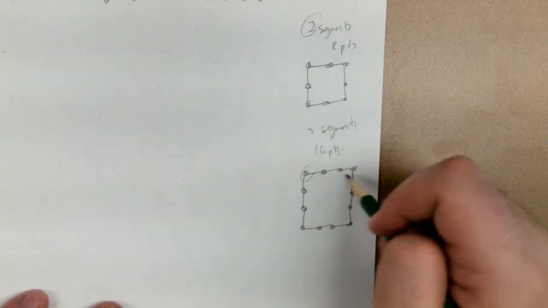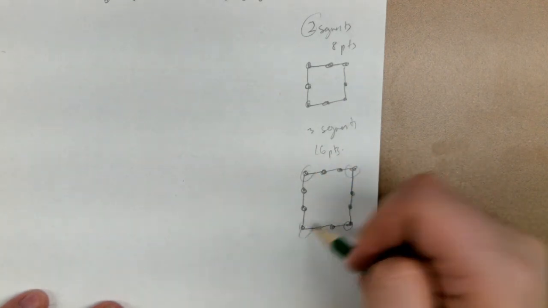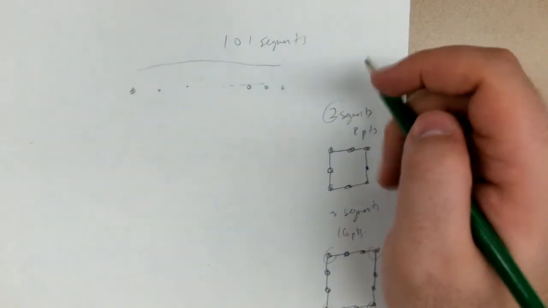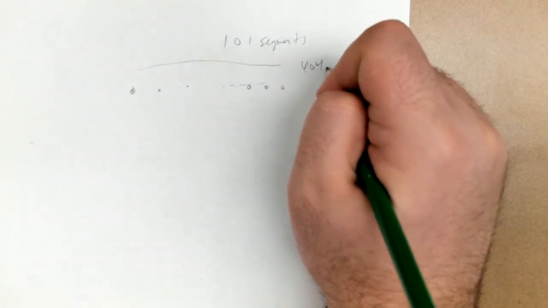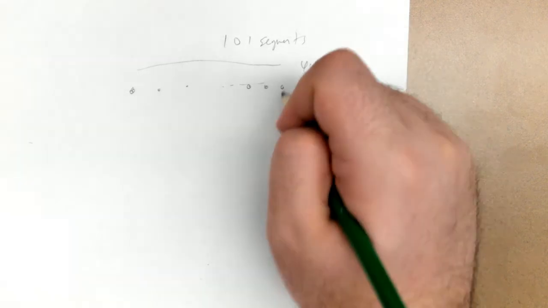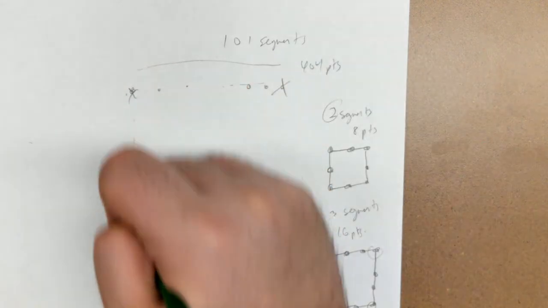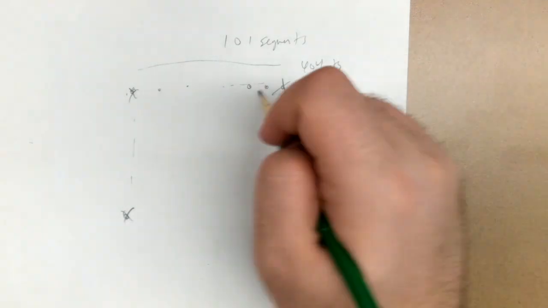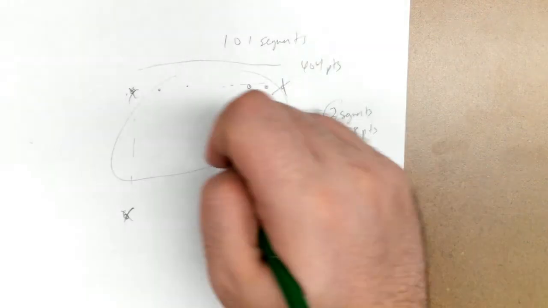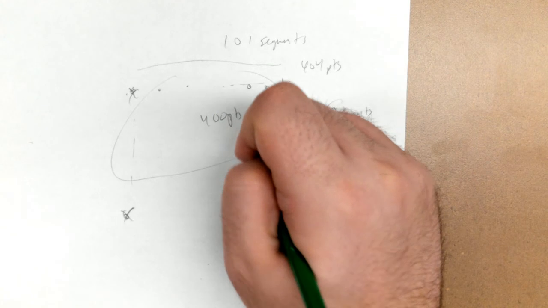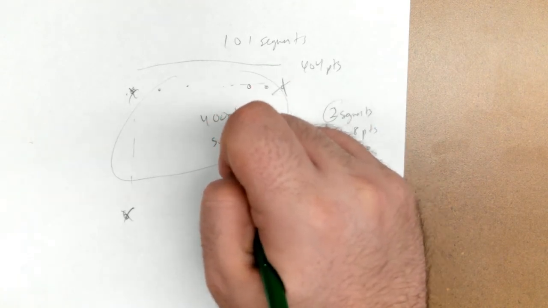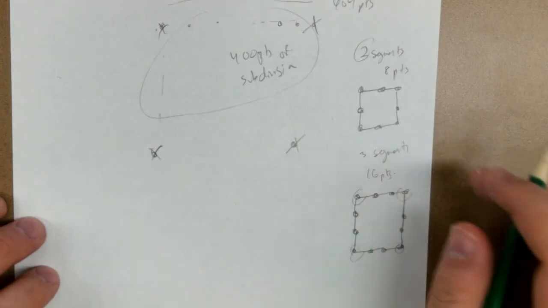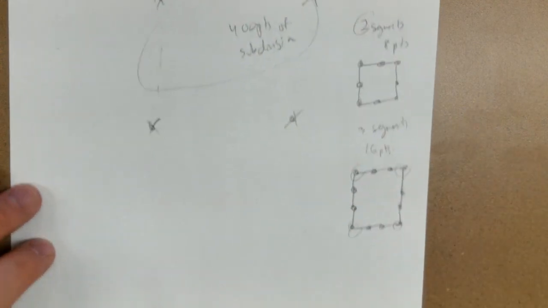The corners are not subdivision points. So here, when you do 101 segments, you have 404 points, but don't use the corners. So when you go way down here, those are not points of subdivision, those are just the corners. So when you have the rest, you have 400 points of subdivision. Okay, so I just wanted to explain where that number comes from, make sure we have the problem set up.